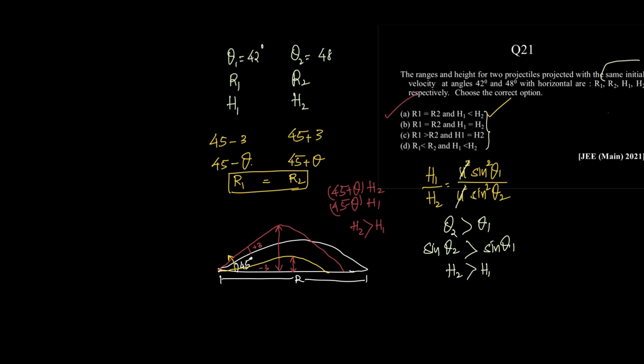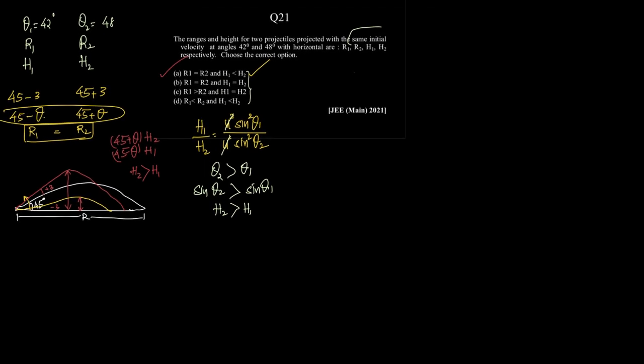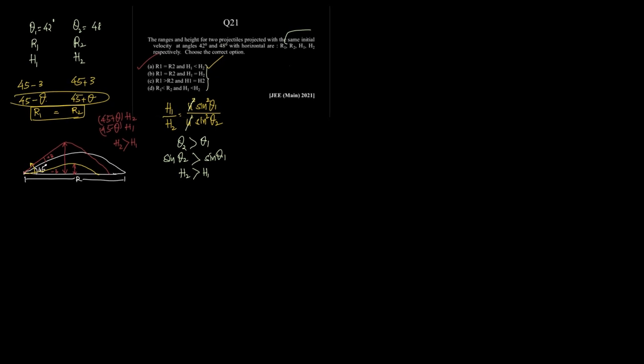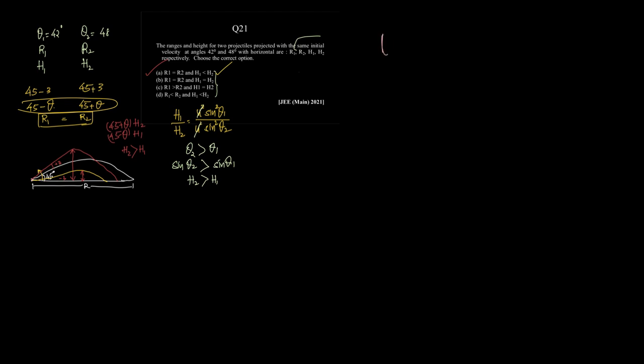Having said so, let us also try to understand this part, 45 minus theta and 45 plus theta. How do we do that? Let us try to make the basic equation first. We have two projectiles, theta 1 projected at 45 minus theta degrees, another projectile theta 2 at 45 plus theta degrees. The corresponding ranges are R1 and R2. Let us find R1 by R2.